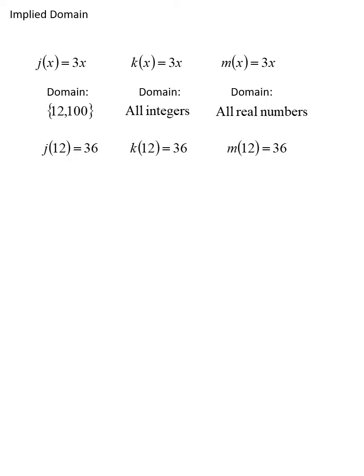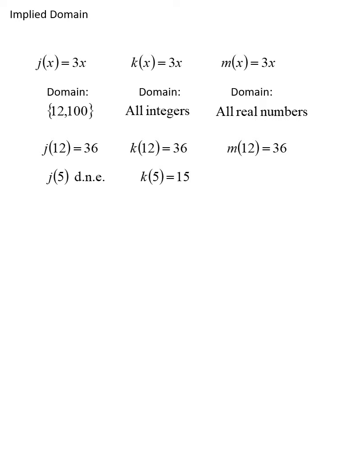If you thought 15, you're wrong, because 5 is not a possible input per j because the author of this function didn't allow it. It's undefined or does not exist, which is what the DNE stands for. Why doesn't it exist? Because the only possible inputs to J are 12 or 100. So said the author of J.